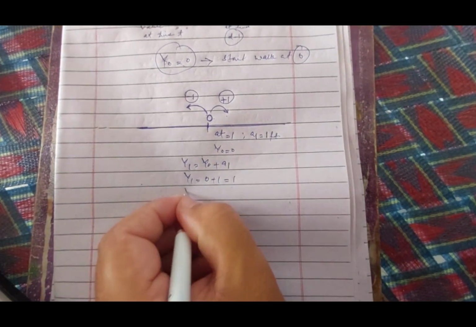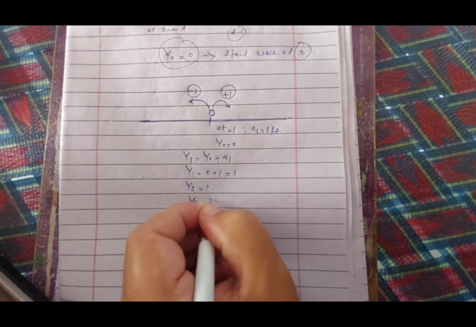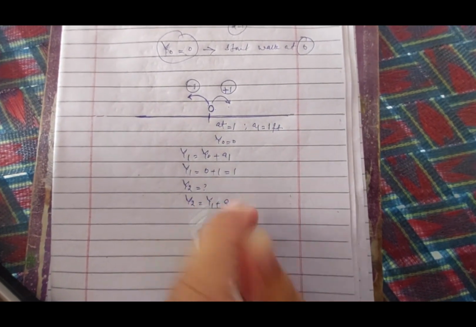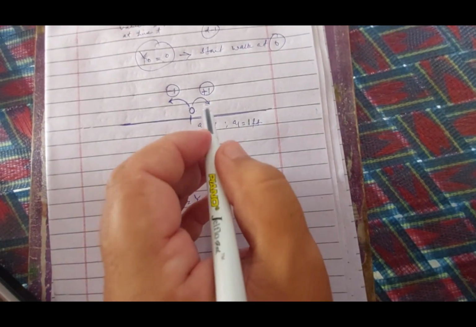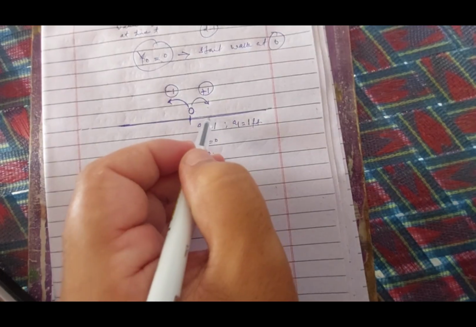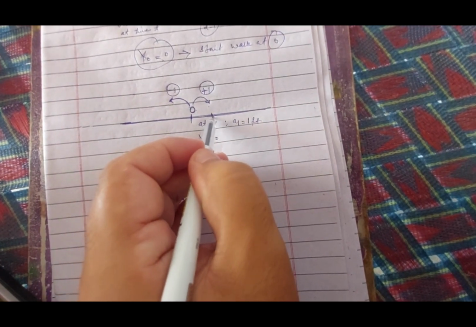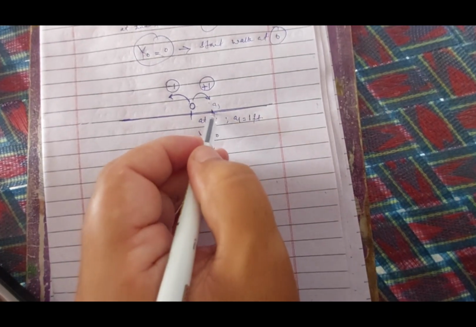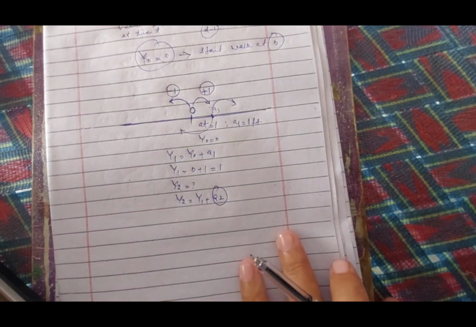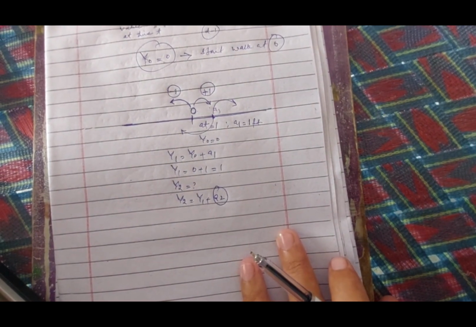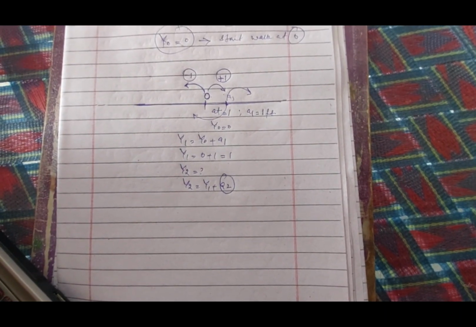Now Y2 will be equal to Y1 plus A2. Now there is an equal probability that second time he will either move in the backward direction from this point, or he can move another step forward. So this is the simple random walk.